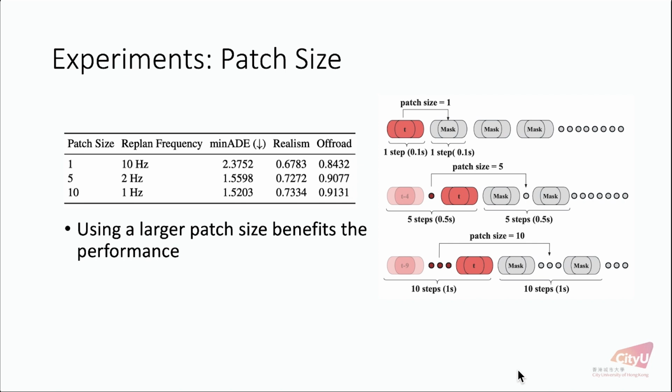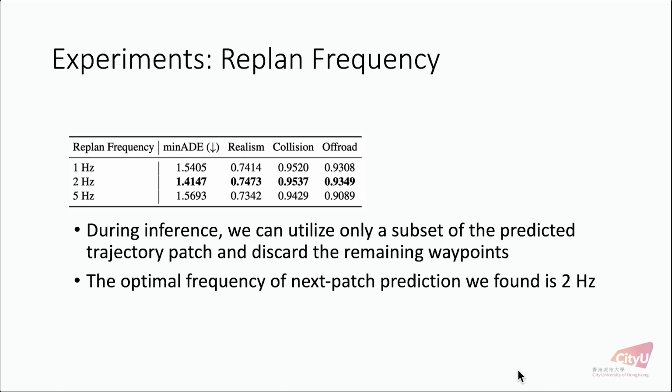Our experiments show that using a larger patch size can improve the performance, which demonstrates the effectiveness of the next patch prediction paradigm. We also note that the frequency of conducting next patch prediction during inference can impact the performance. In our experiments, we found that conducting next patch prediction every 0.5 seconds works the best.